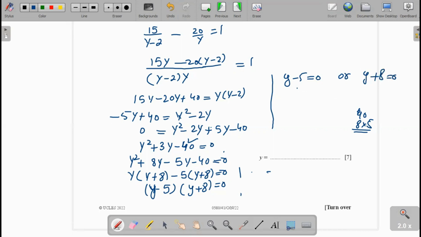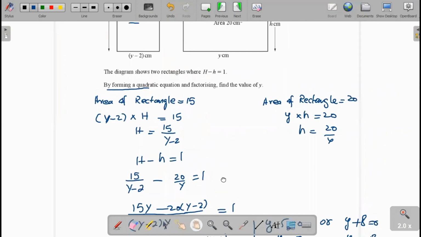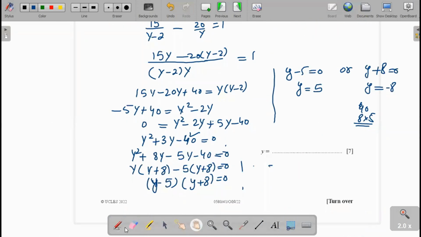Therefore y equals 5 or y equals minus 8. Here the length is y equals 5. This is the answer.